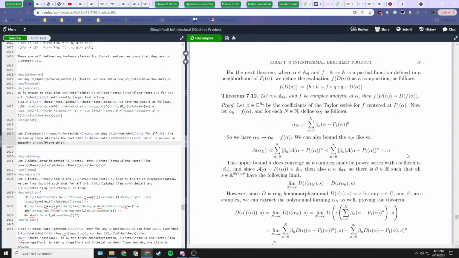All right, that's fine. I think this is pretty nice. It's very interesting. There's a lot going on, especially in these later theorems. They get pretty complicated.